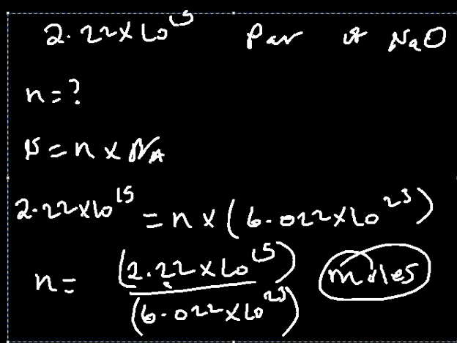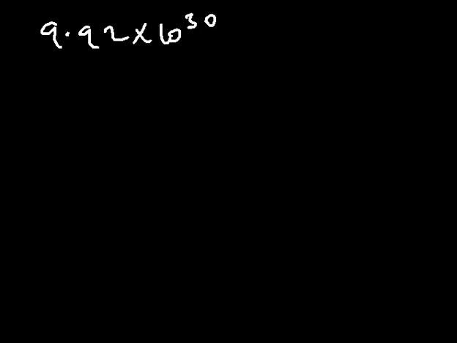What if we have something like this? Let's say we have 9.92 times 10 to the power 30 ions of sodium hydroxide.